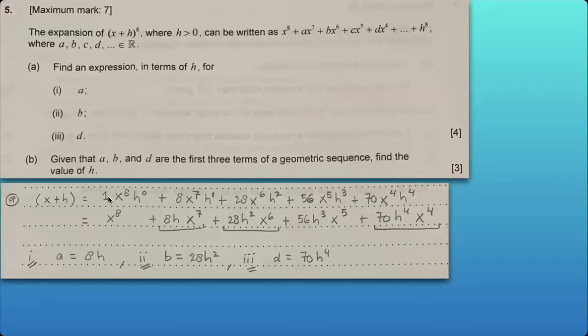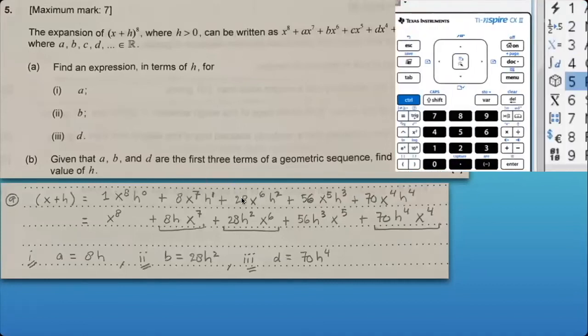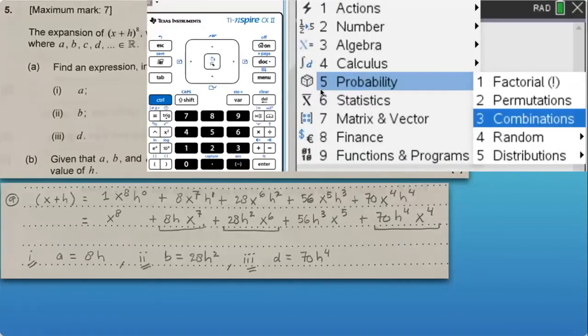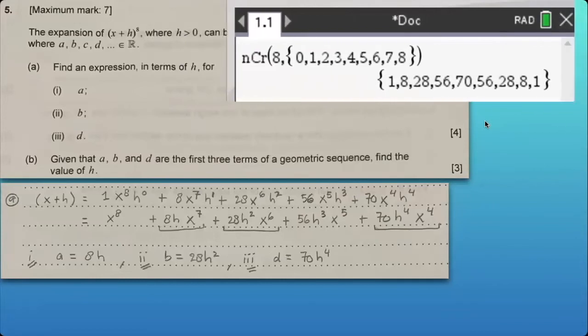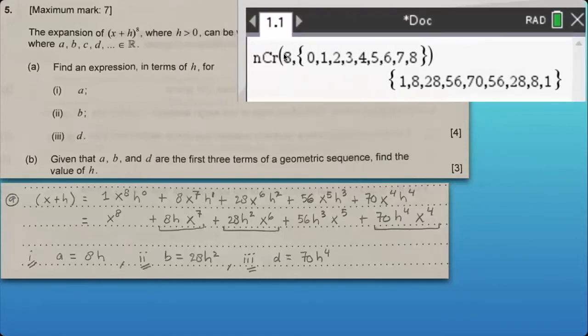Now, coefficient. This coefficient can be found using TI. Okay, so choose menu, probability, and then combination. Okay, so put 8 there because that is the highest power, 8, and then all of the powers, 0, 1, 2, 3 until 8.